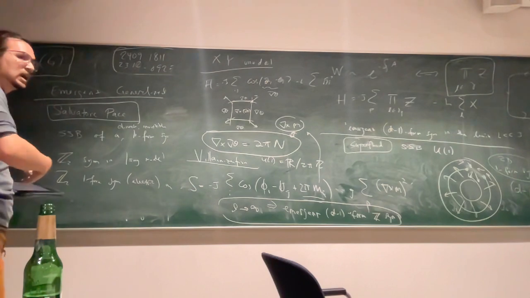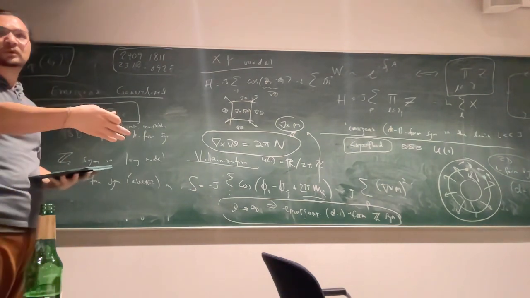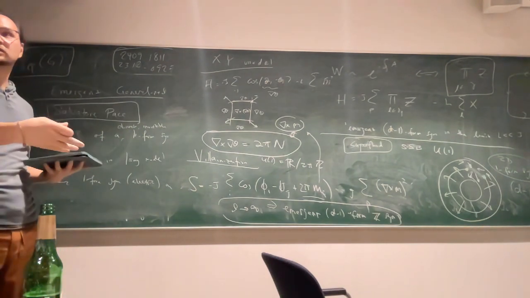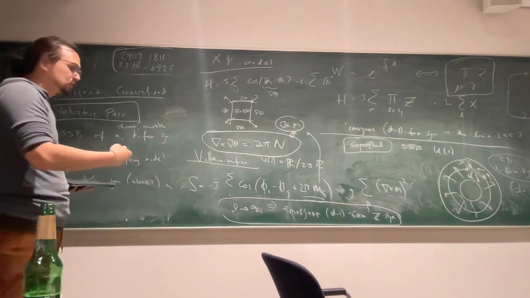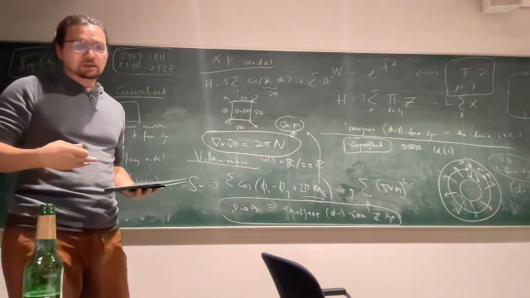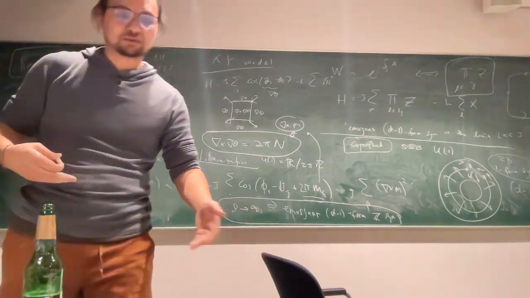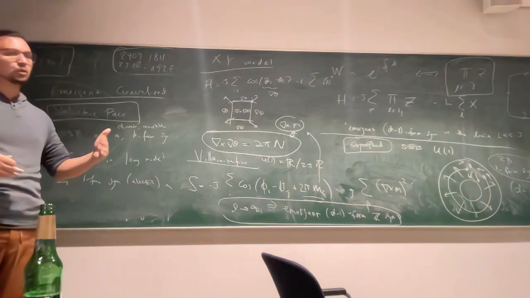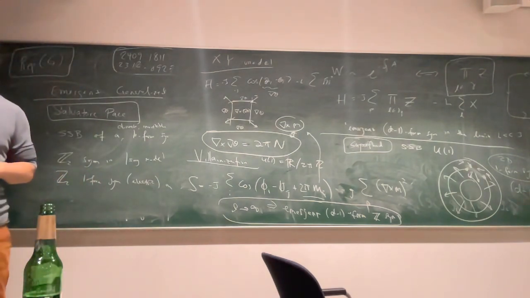So the Villainized theory has a genuine higher form symmetry when I go into a particular limit. And so this is just to convince you that Villainization is a way of making certain emergent higher form symmetries in ordered phases more explicit.